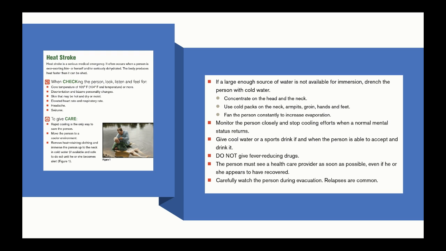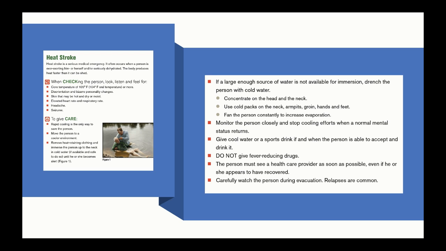But if you don't, and you only have cold water in the form of drinking water or maybe a little creek or something, concentrate on kind of those big ticket parts of the body where a lot of heat escapes us. So our head and neck, we want to keep cool and use these cold packs on the armpits, groin, hands, and feet.